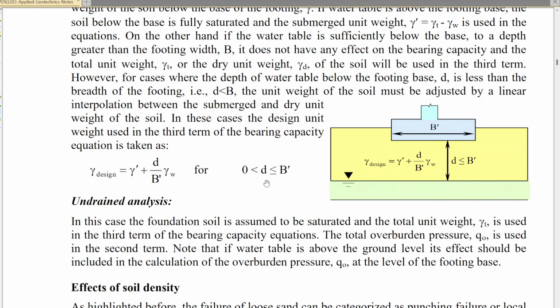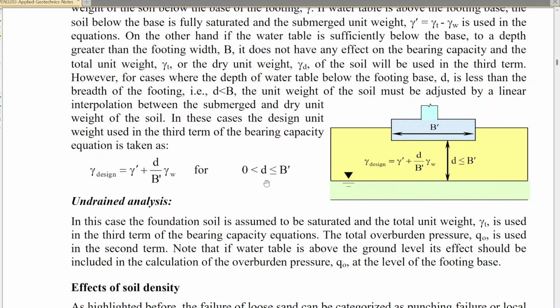And if a water table is at or above the base of your footing, you can use just gamma dash. That's your submerged weight. That's basically your weight minus the buoyancy force due to water, because it makes it lighter. Obviously everyone's been swimming before, but in the water, it doesn't feel as heavy, right, when you're floating around versus when you're out of the water, right? That's what's happening for your soil as well. So that's the submerged unit weight. It's a weight that's less than the total unit weight.